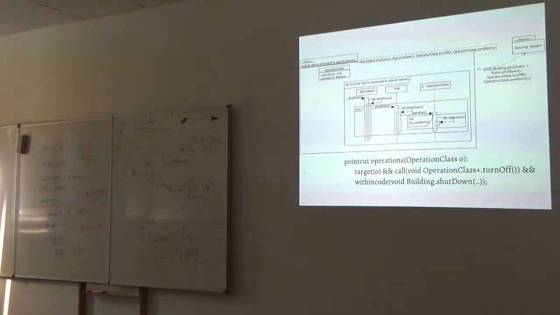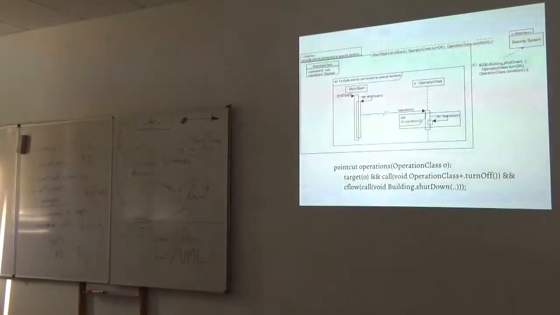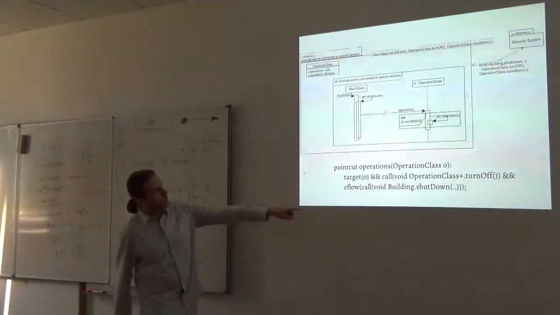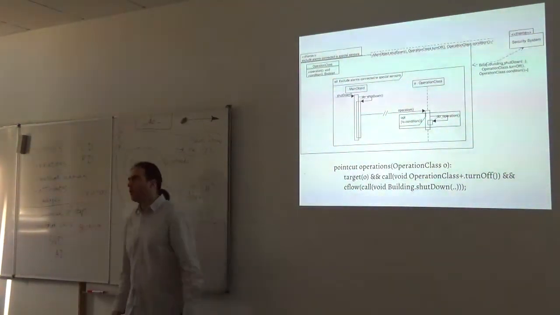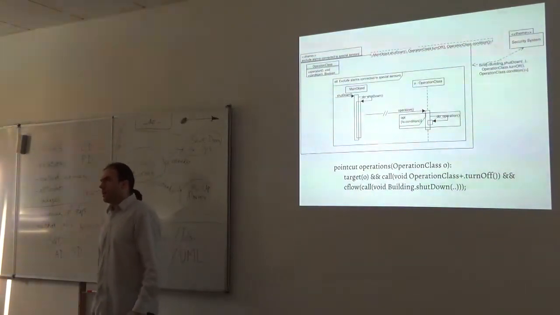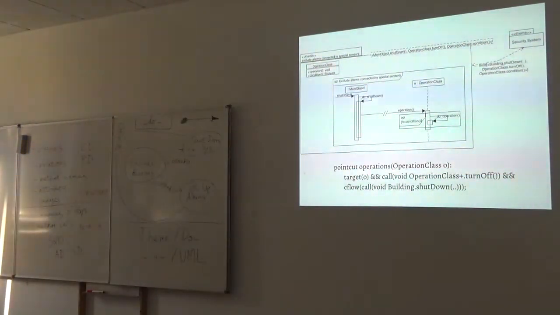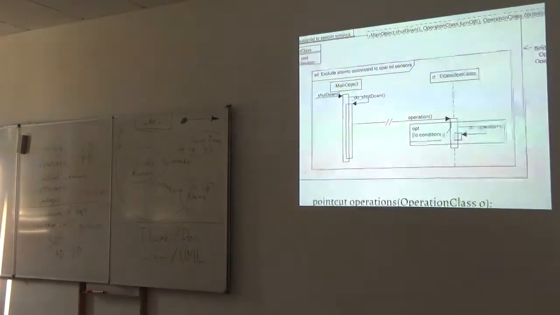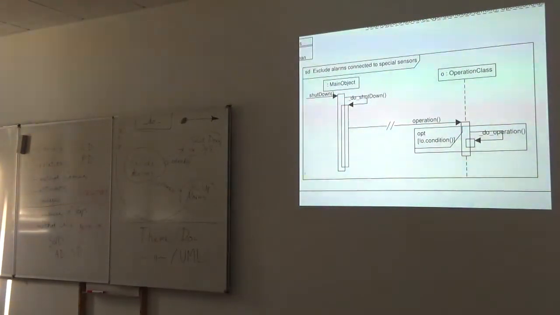Anyway, in this case it would work if we would have only one level. Maybe we could play a little bit with within code and within code, I'm not sure. But what we can do for sure is to use this kind of point cut, control flow. But the consequence is that by using this control flow point cut, we are ignoring all the levels of interaction, so we are not mentioning them.